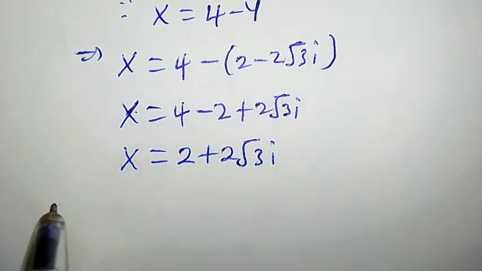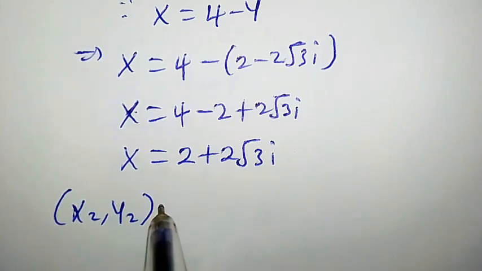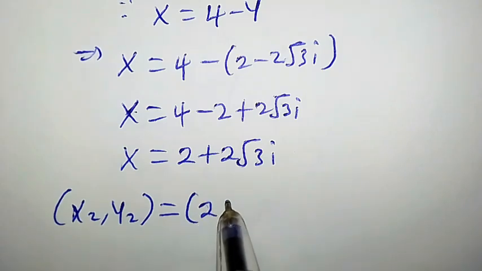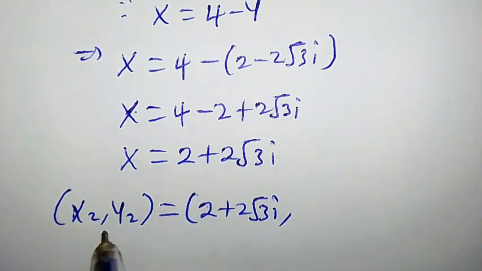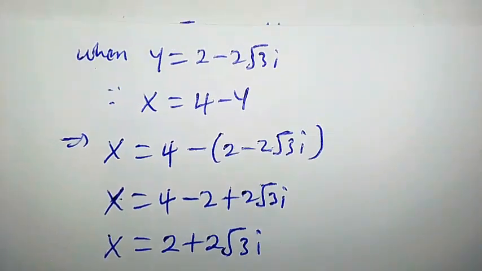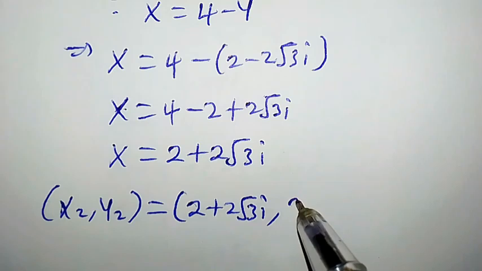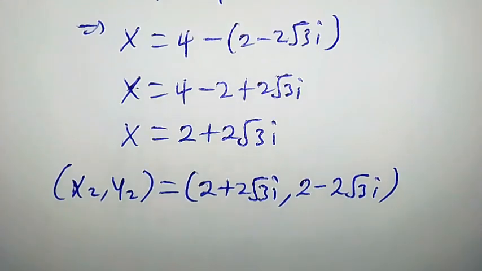Thus, the second solution, x2 comma y2, is: our x is 2 plus 2 root 3i, comma y2 is 2 minus 2 root 3i.